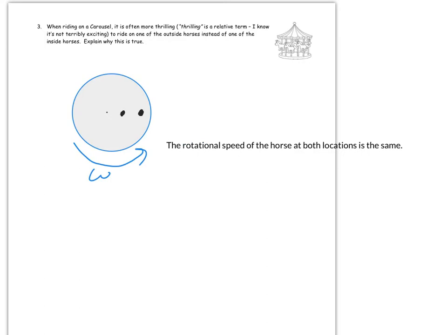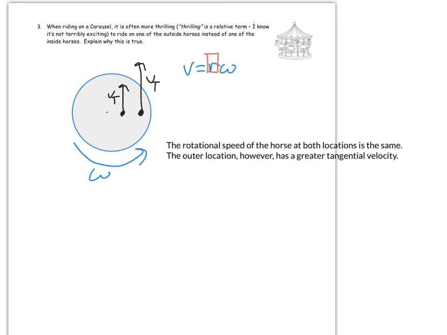However, if we think about their tangential velocity, the tangential velocity of the inner one and the tangential velocity of the outer one, keeping in mind that tangential velocity is equal to r omega, when we increase the radius like we have for the outer one, that increases the tangential velocity, and therefore their tangential velocity is faster if you're on the outside.